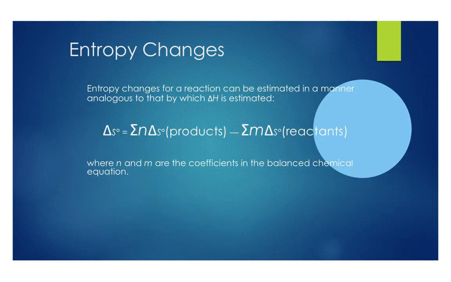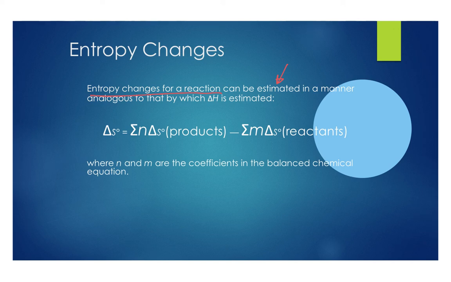Since we have a table of measured standard entropies for different substances, we can estimate the entropy change for any particular reaction in a similar way to how we calculated delta H in previous units based on standard enthalpies of formation.